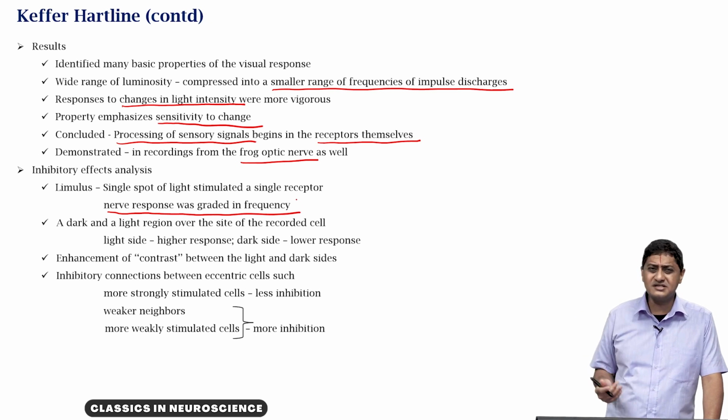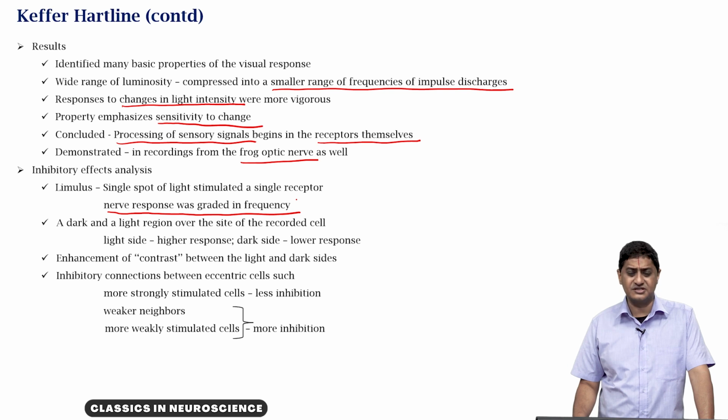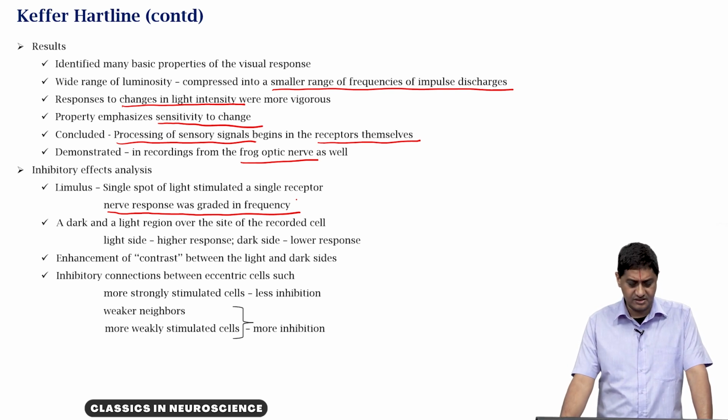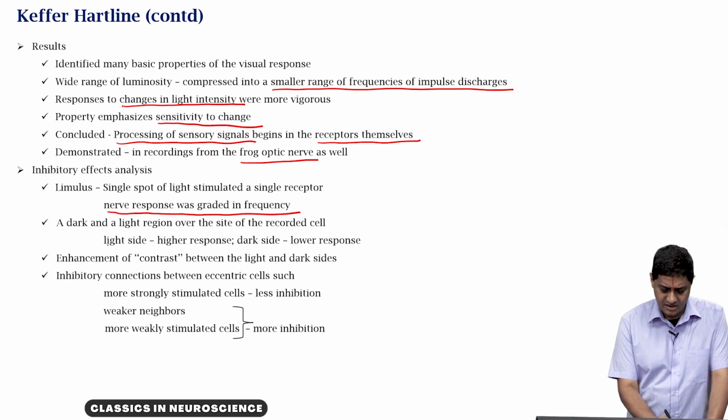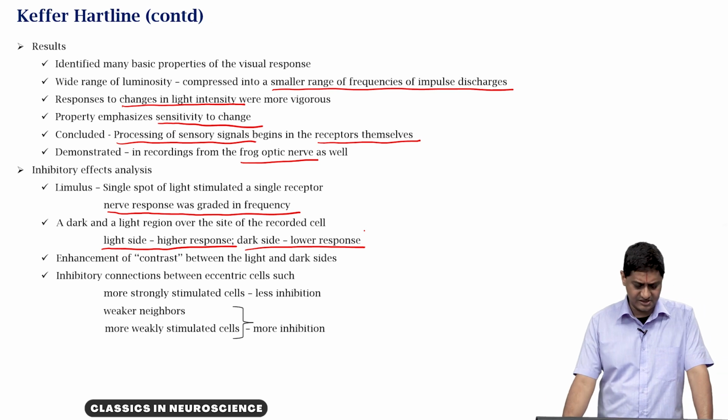So, there is more luminosity, there is an increase in frequency. But suppose you had a dark and light region that passes through the site of the recorded cell. When you do that, there is on the light side a higher response and on the dark side a lower response, as you would expect.